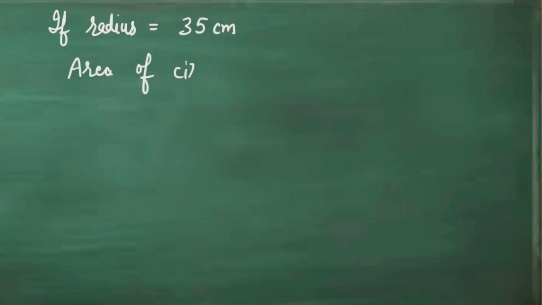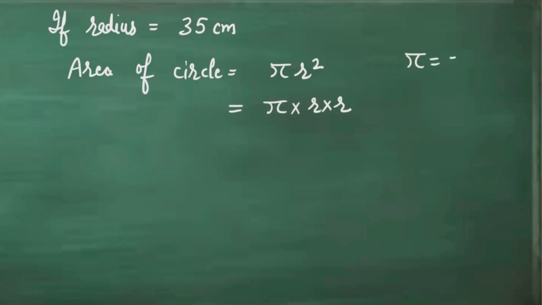If radius is equal to 35 centimeter and we have to find out the area of the circle, then in place of pi, we will be using pi equal to 22/7. Why so?